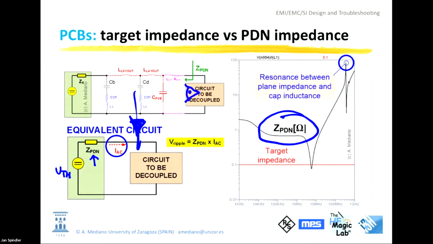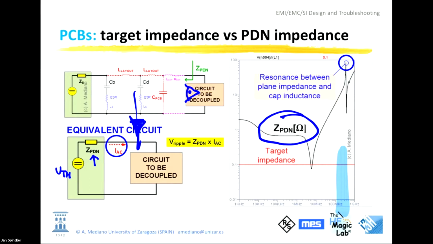If you have energy in your current that is in this area, you are not decoupling this energy. And these harmonics, this energy is spread around the PCB. And you know, Murphy, where is your energy? Where you have these peaks. This is the problem.